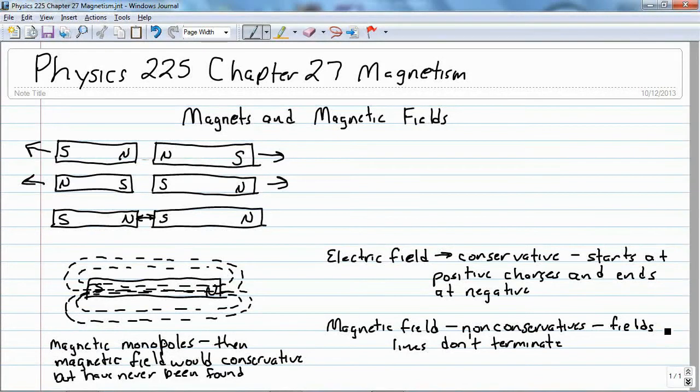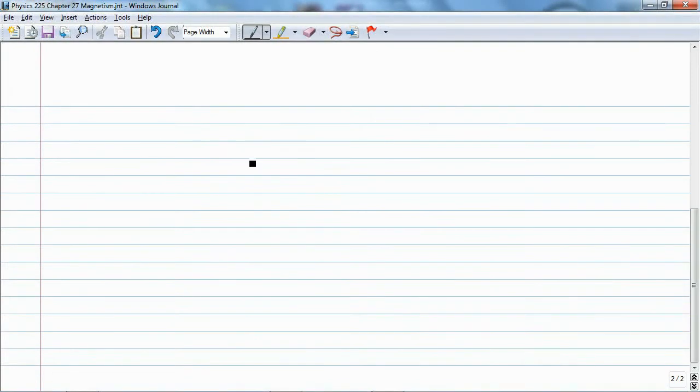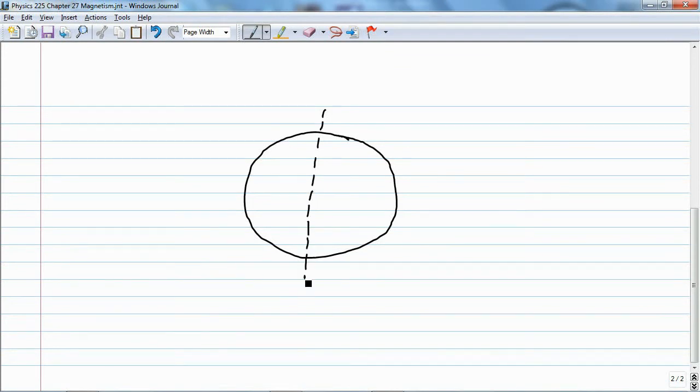Now, the Earth has a magnetic field, and if you look at the Earth's axis of rotation, so this is its rotation axis, the magnet actually sits at an angle.